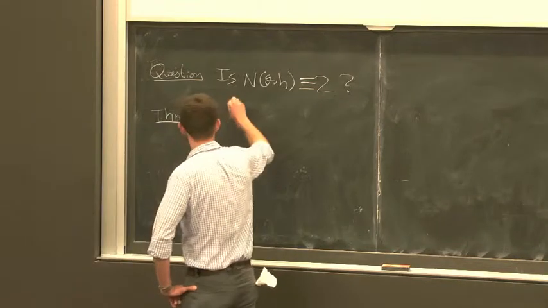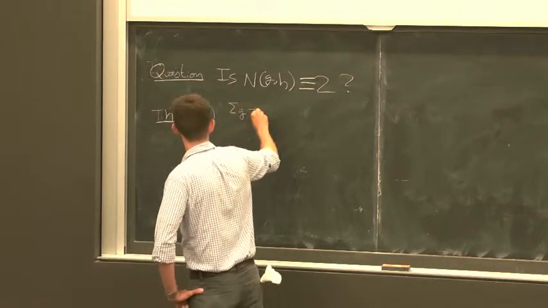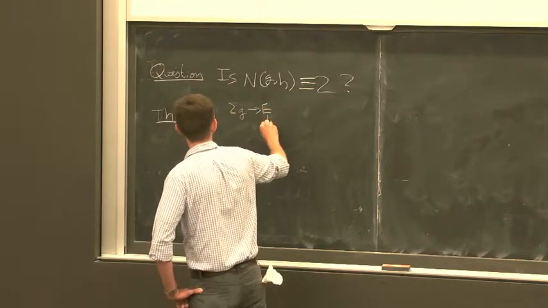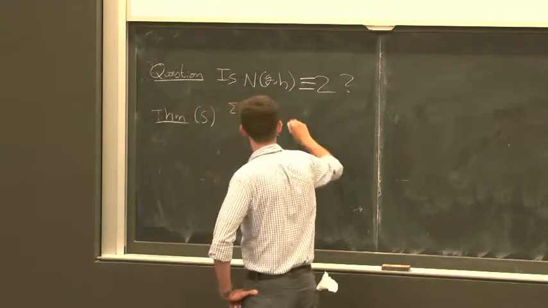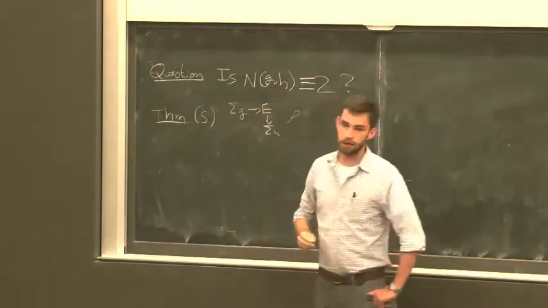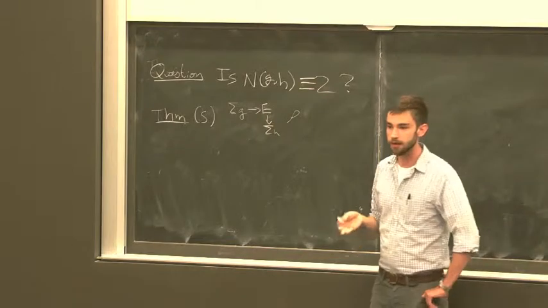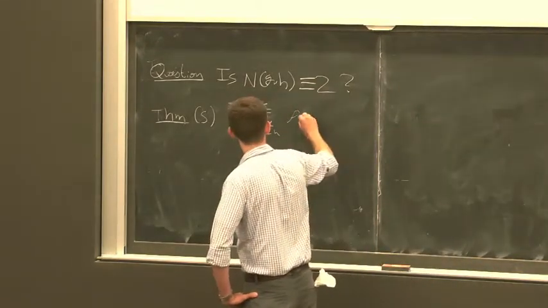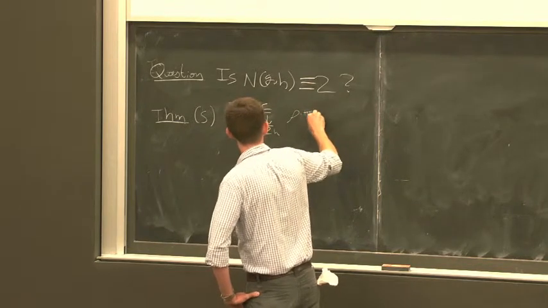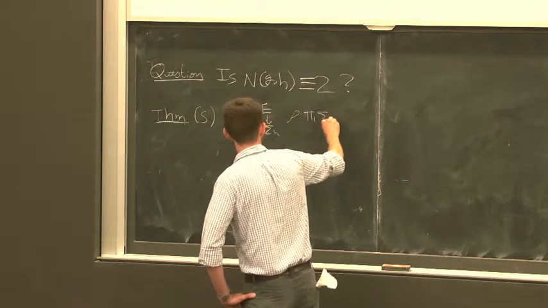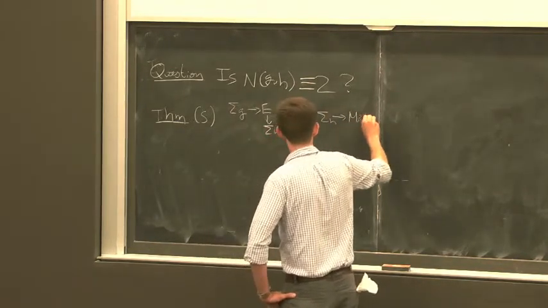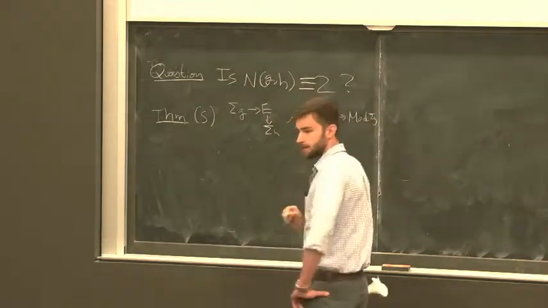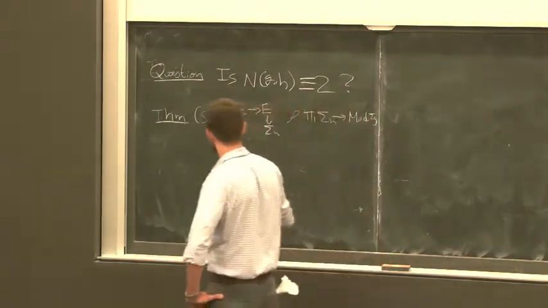So the theorem is that we have a surface bundle over a surface. And I'm going to put a fairly strong constraint on the monodromy representation, but so be it. So the monodromy representation, ρ from π1(Σh) to Mod(Σg), the constraint that I want to put is the following.